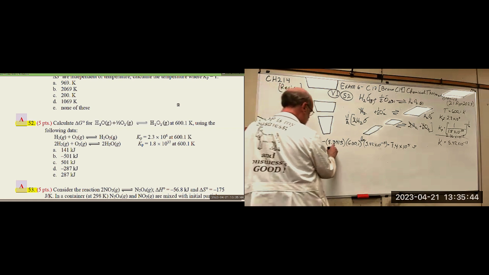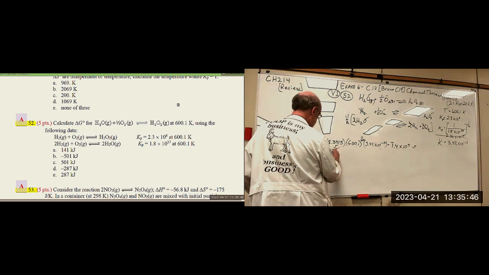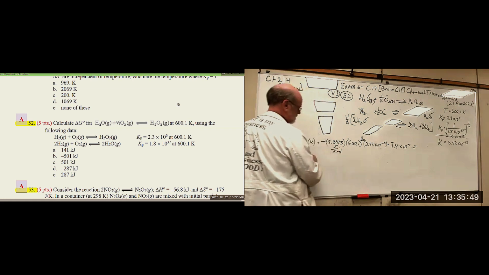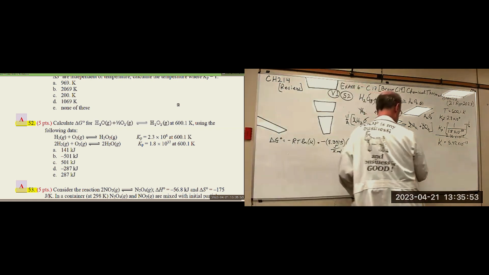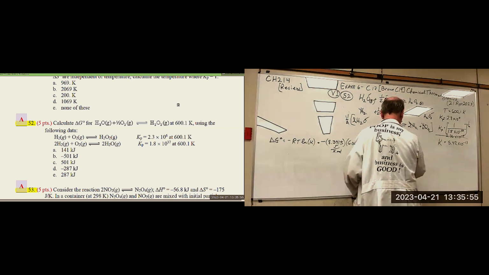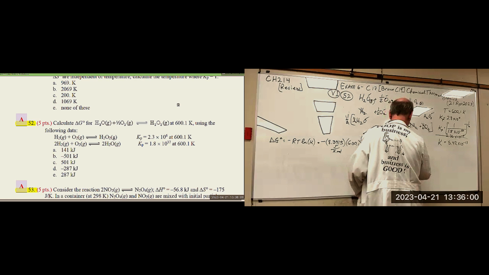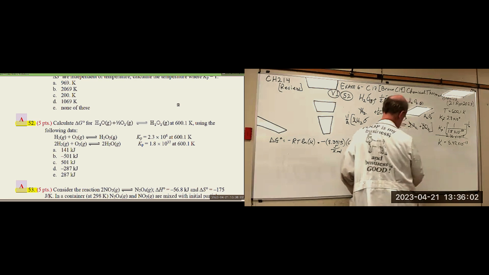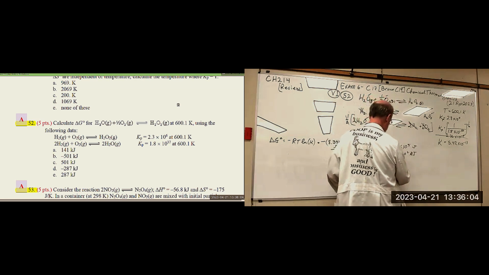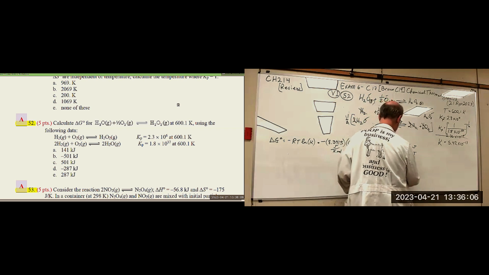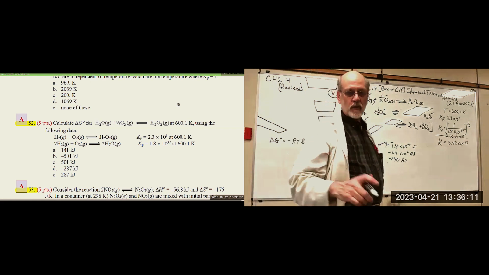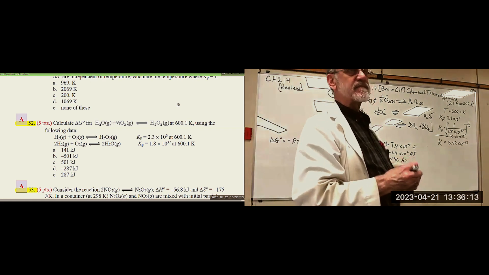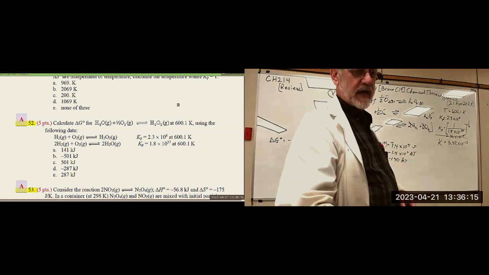Right, because this is joules per K mole. So that's joules, and the answer is in kilojoules. So this would be 1.4 times 10 to the 2nd kilojoules, or negative 140 kilojoules, or in that neighborhood. 141, that's close. I think there's a rounding error in there.